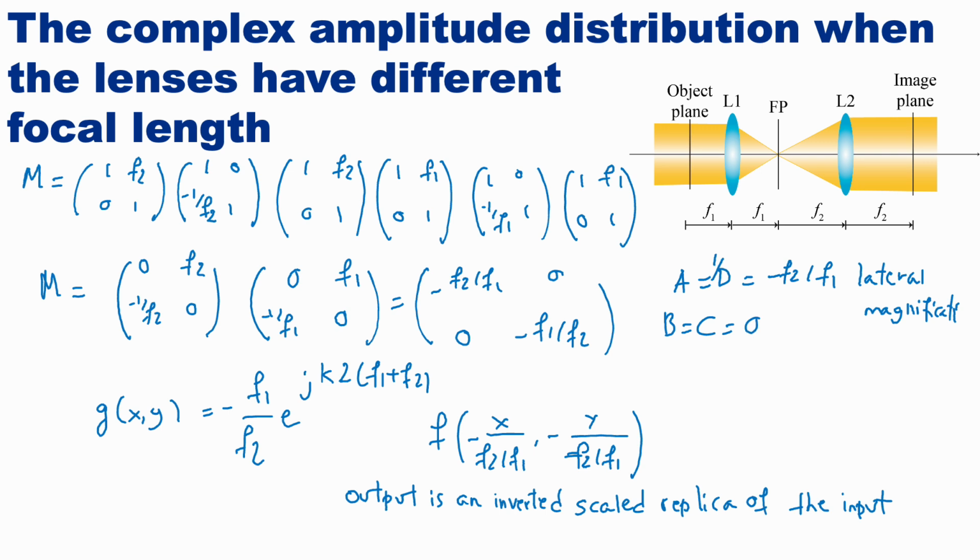So the difference here is that now there is a scaling factor. So the output is going to be equal to the inverted input, but not at the same scaling factor. So it's going to be a scaled replica of the inverted input. And now our global phase term is not going to be for f anymore, it's going to be 2f1 plus f2. But the idea is the same, that the output is an inverted replica of the input.